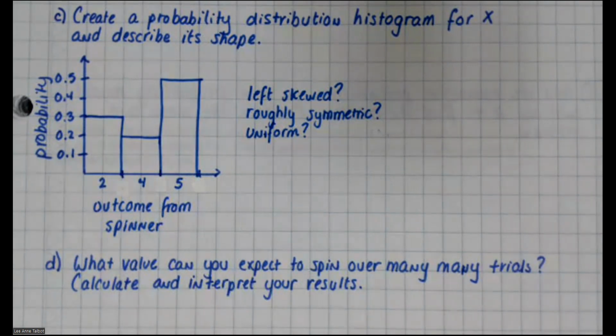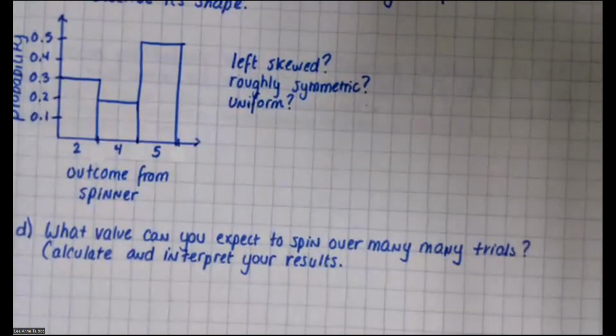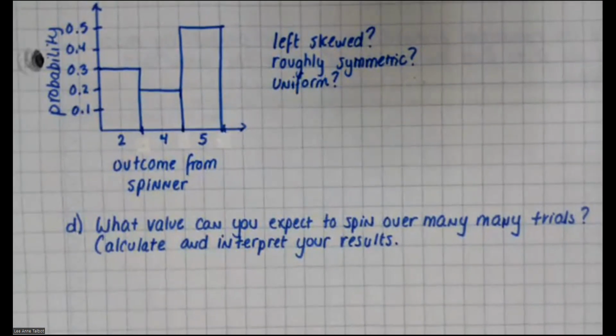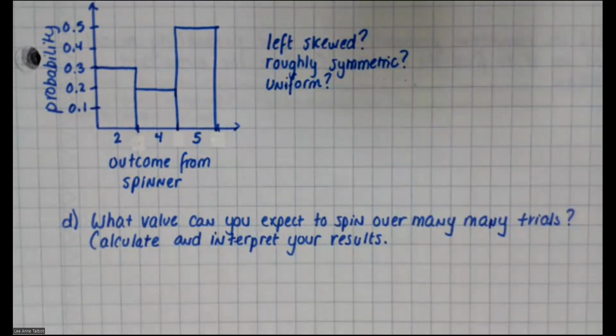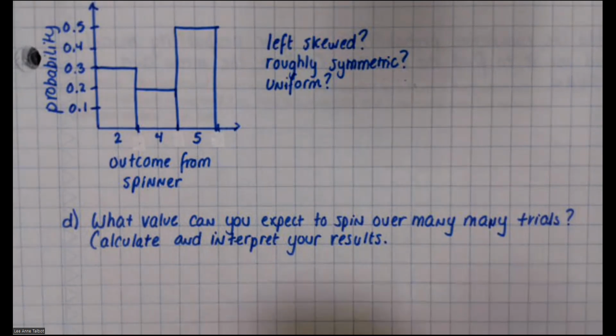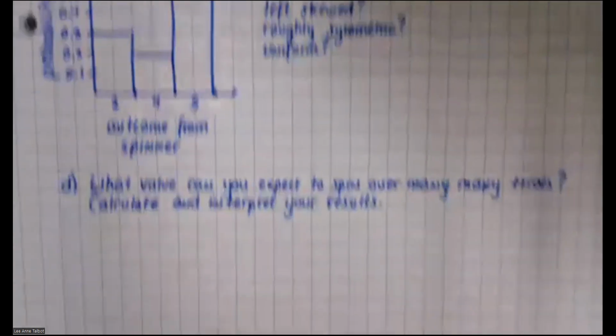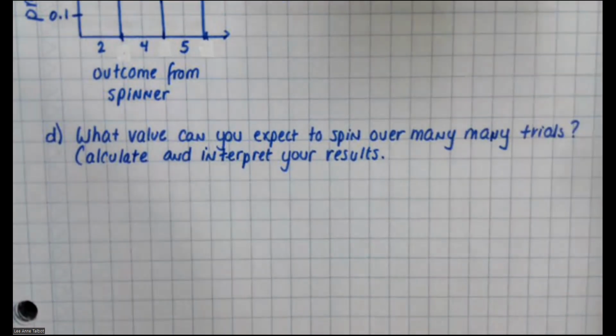Okay, go ahead and write D, please. What value can you expect to spin over many, many trials?